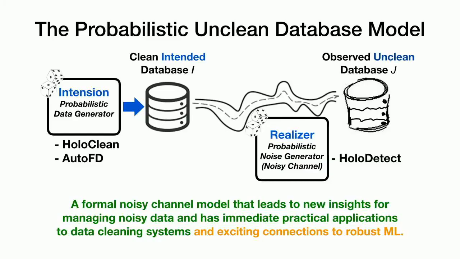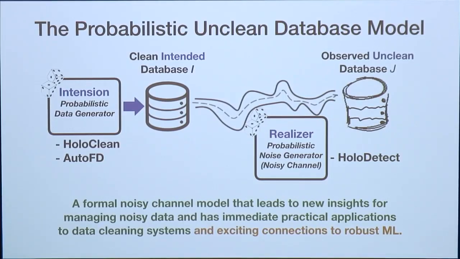Just to mention one connection, and then I can talk about it offline, it has exciting connections to robust machine learning. Using exactly this approach and the notion of structure, we have results that will soon be under submission showing that many of the state-of-the-art techniques that rely on robust mean estimation and robust covariance estimation, which just remove samples when you're training a model, can be improved if we try to correct the data instead.